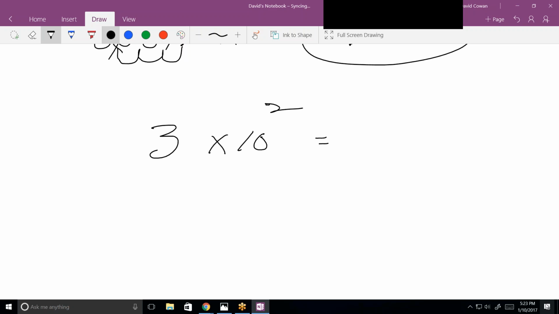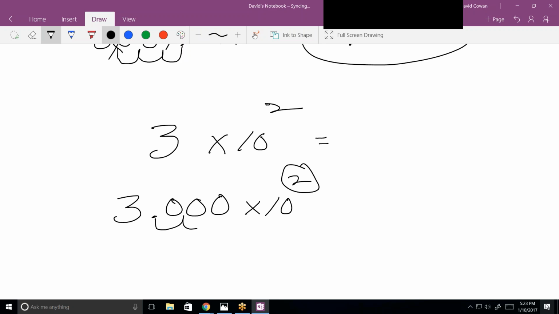And the way I can handle this one is by writing 3, put some zeros in there as markers. And because that's a positive 2, I'm going to move the decimal point 2 spots to the right. And there's my answer, 300.